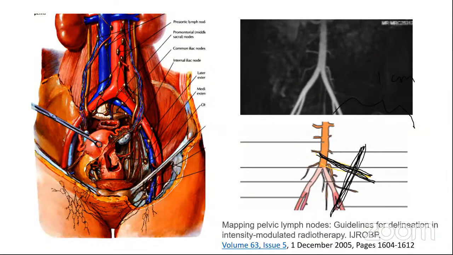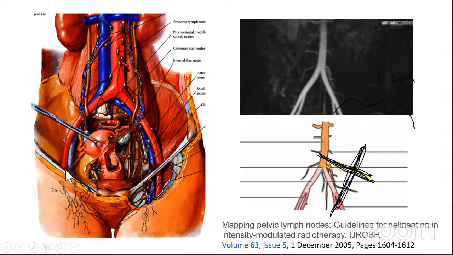The message we can take from this publication is that most of the nodes that drain the cervix are located within 7 millimeters of the vessel. The vessel we are talking about here, of course, you can see the large aorta bifurcating into the common iliac. The common iliac bifurcates again into external iliac and internal iliac. The external iliac comes down and becomes the femoral artery beneath the inguinal ligament.